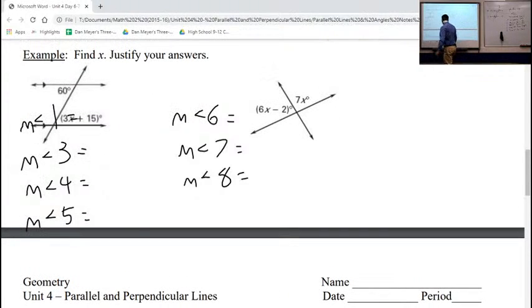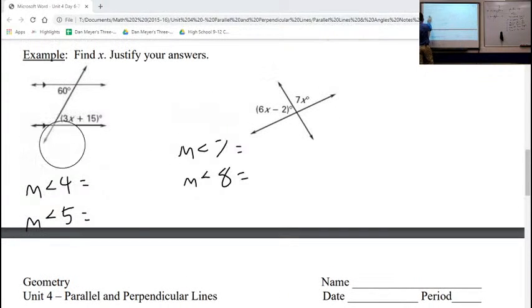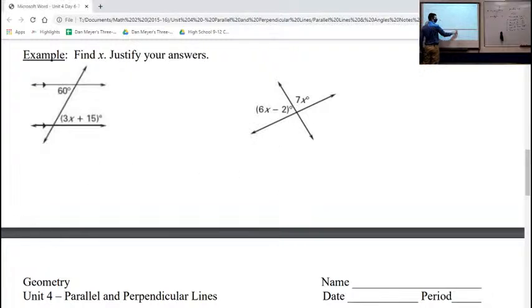But let's look down at these two examples here to finish off today. We're going to solve for x. And it says justify your answers. When I say justify your answers, what we're looking for is what kind of angles do we have. So you're going to write down what kind of angles they are, and then you're going to use that to set up an equation. So we've done this before.